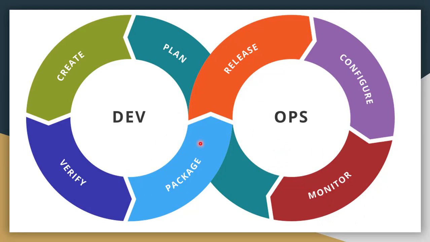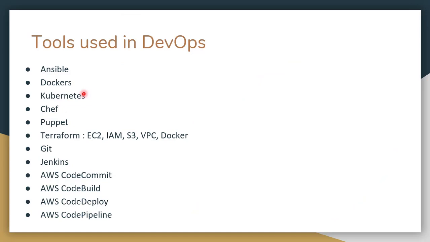Some tools used in DevOps: Ansible, which is an automation framework; Docker, which gives a virtual runtime environment that is quick and easy to deploy to. Kubernetes is also a runtime environment that is quick and easy to deploy to, and it also has certain features which allow for several different clusters of the application to run to handle loads and also for backup situations.